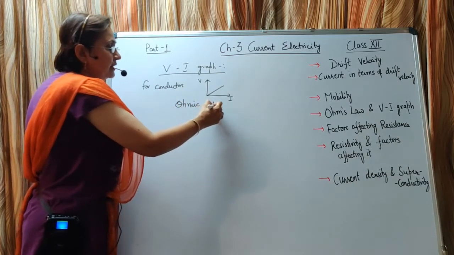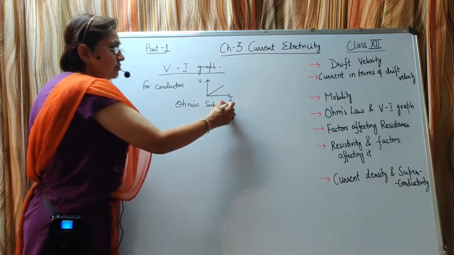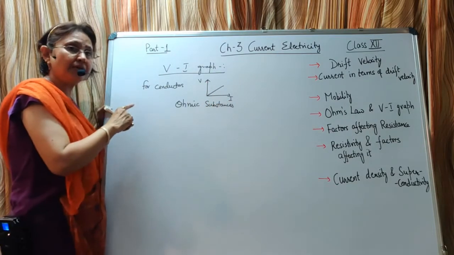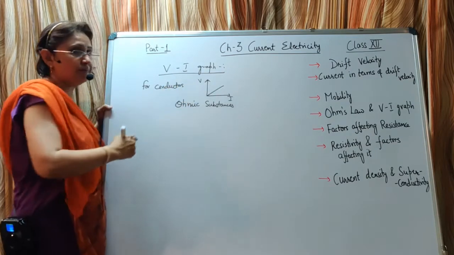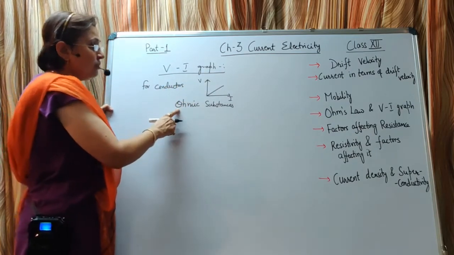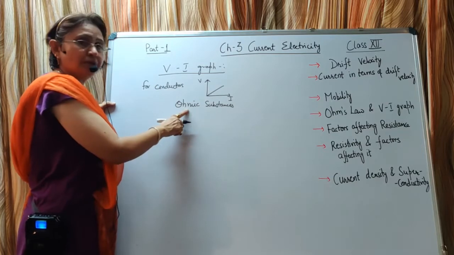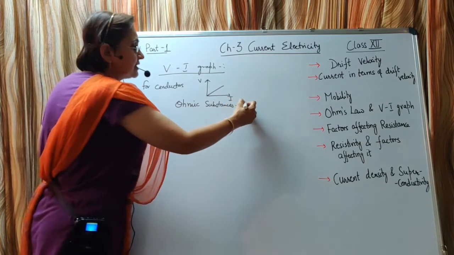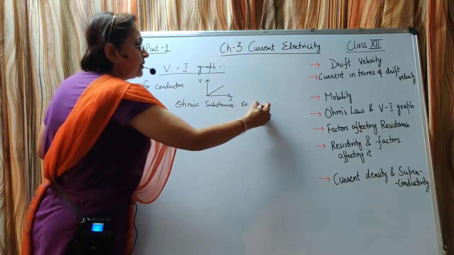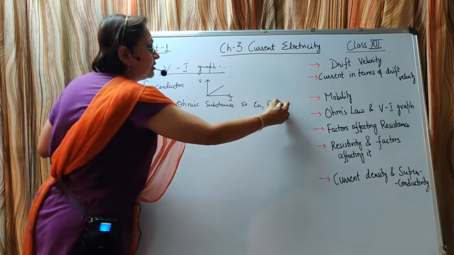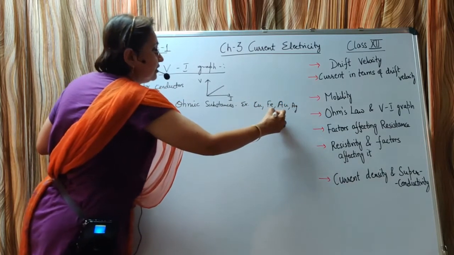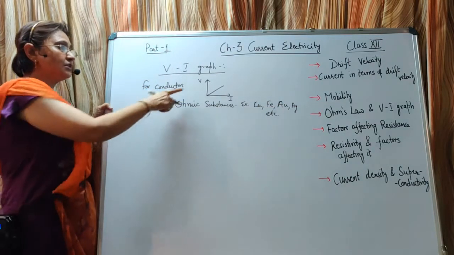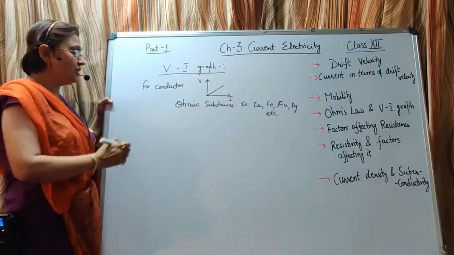All conductors at low temperature, because the temperature should not be very high, as the resistance will increase with temperature and the graph will not be linear. So all conductors are ohmic substances. Examples are copper, iron, gold, silver. Why? Because the VI graph is linear.